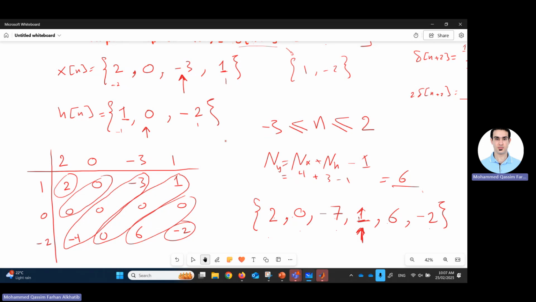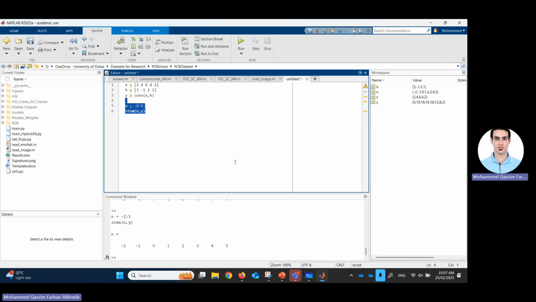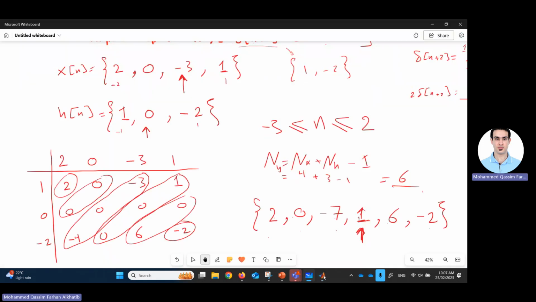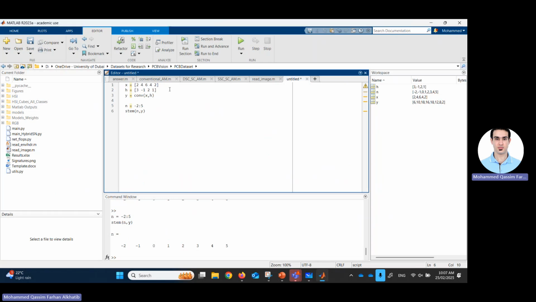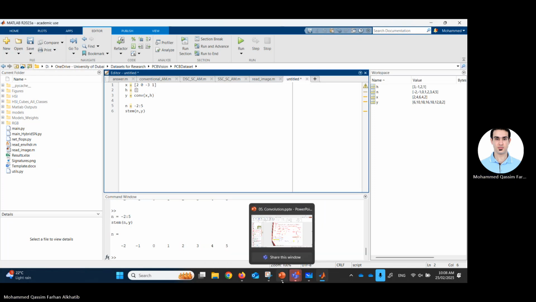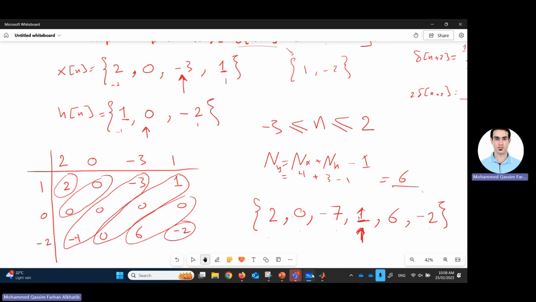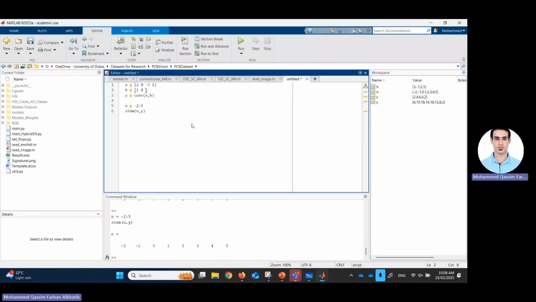Okay, so best way to confirm it is in MATLAB, since I have it already opened. So the coefficients of x were 2, 0, -3, and 1. And the values of h, 1, 0, -2. And we said I will have the values -3 to 2.